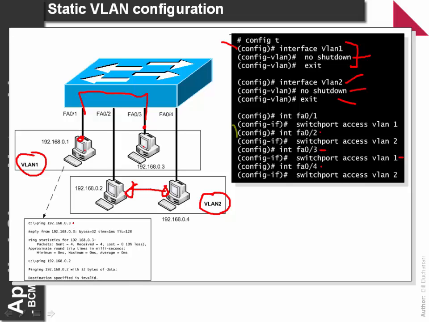If we try to ping from this machine to that machine, we can see that it is successful. But if we try to ping from this machine to this machine, then it is unsuccessful, as we can see here. The only way that these two devices can actually communicate is through a layer 3 device.